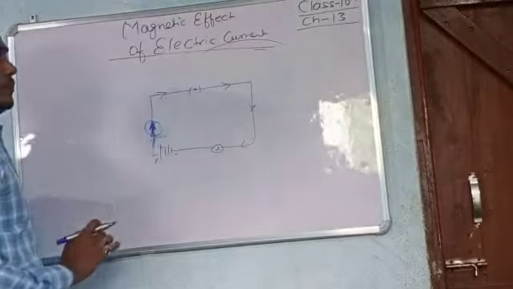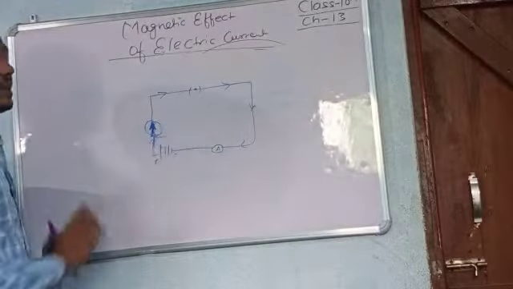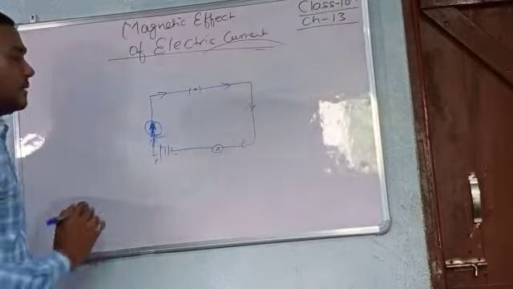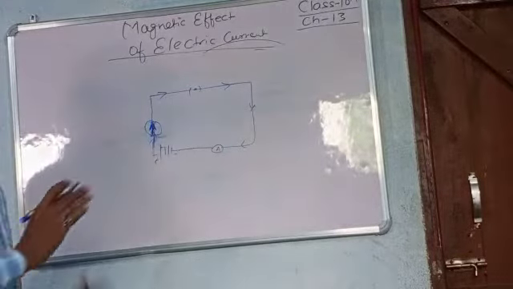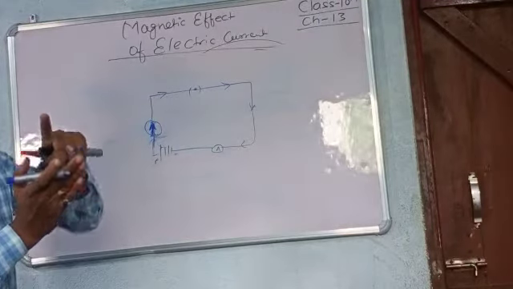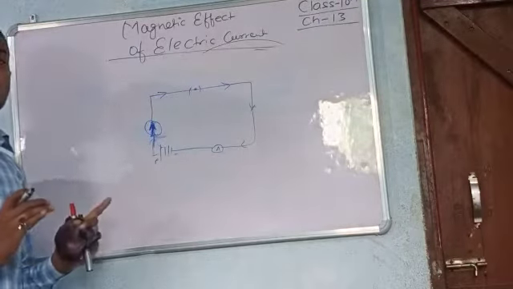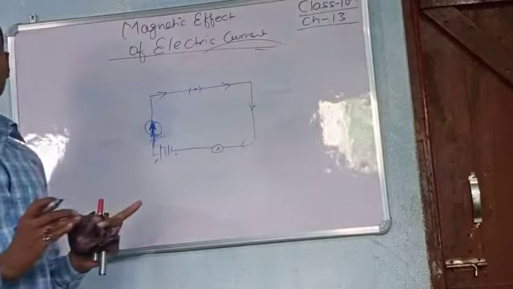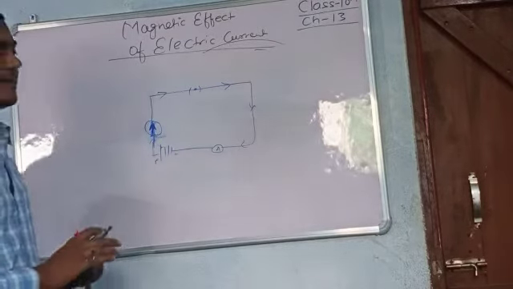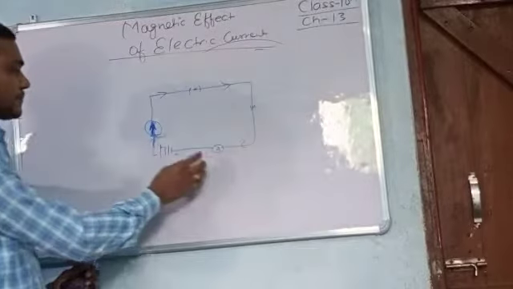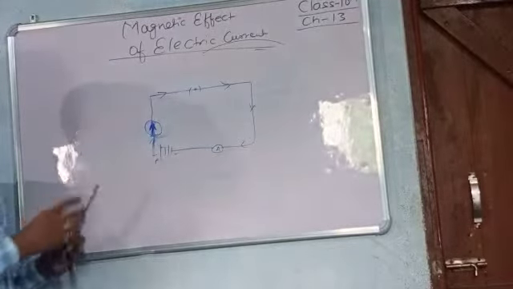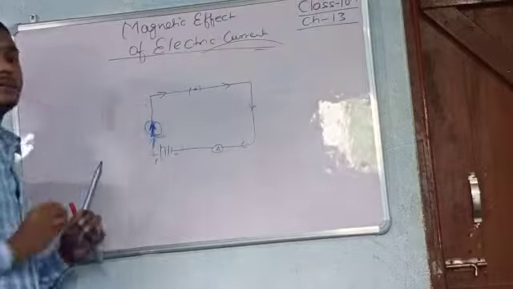Once the switch is on and current flows through the circuit, we observe that the needle of the compass, which is a magnet, is deflected. So by this observation we understand that current applies some type of effect on the magnet.